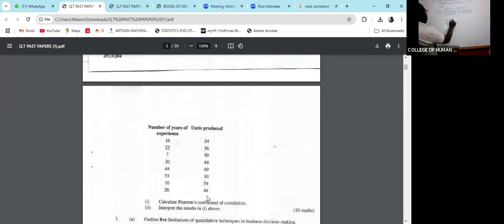Then the units will be my Y, which is 54, 56, 59, 44, 49, 30, 54, and 44. I just wanted to copy that table before I take you to the board.